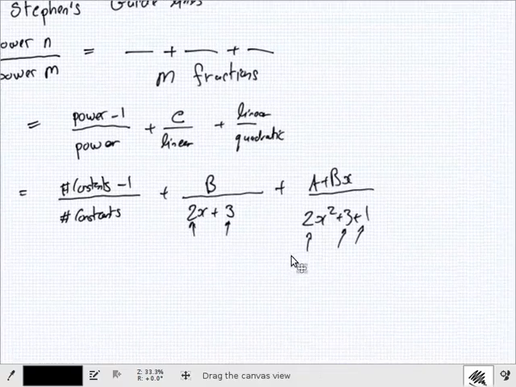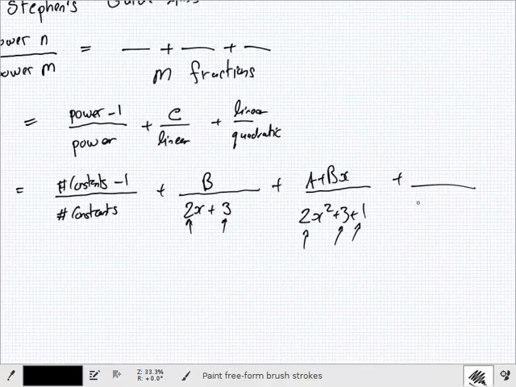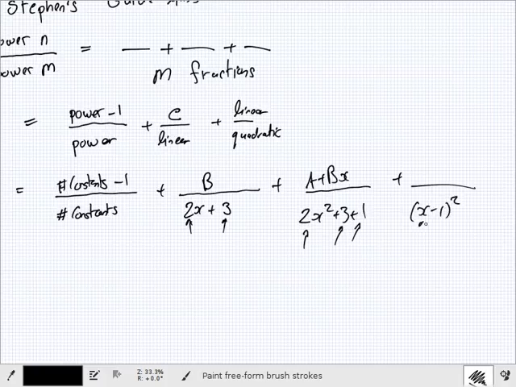But now here's an interesting one. If you had x minus 1 squared, how many constants here? 2. So how many should be on the top? 1. But the second rule says the top should be linear. So you actually have a choice here on the top.